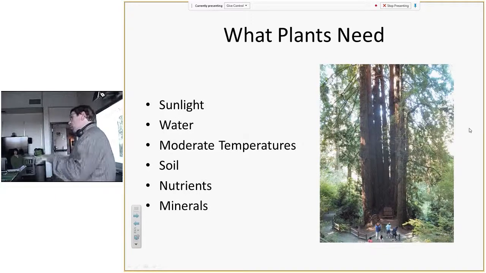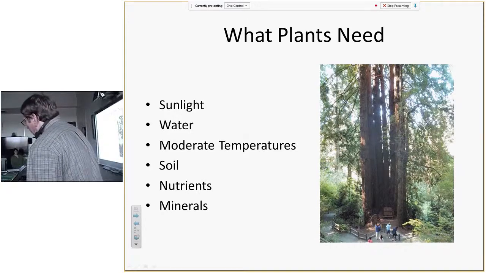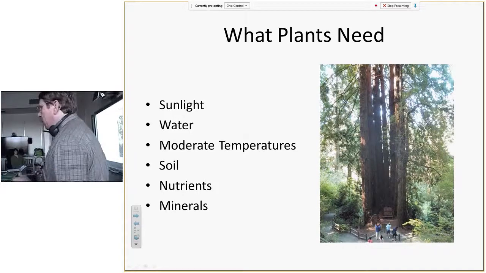Plants have to be able to root into soil, and if it's too hard and rock, they can't get enough water and nutrients. But at the same time, if it's too loose, they'll fall over in windstorms. That has a bearing. And then the amount of the nutrients and the minerals in the soil.